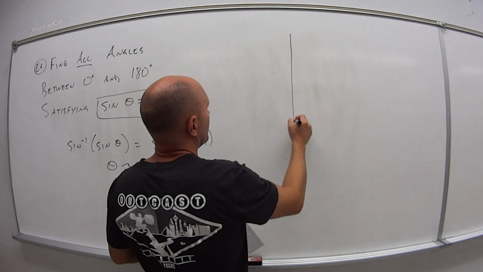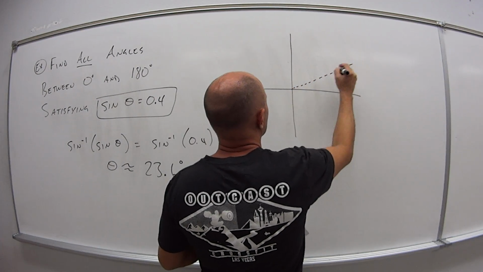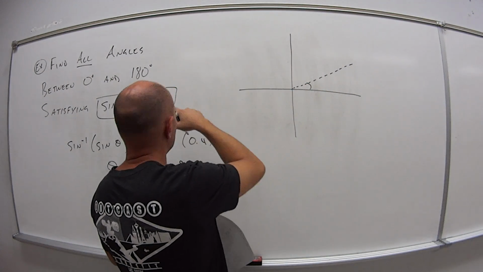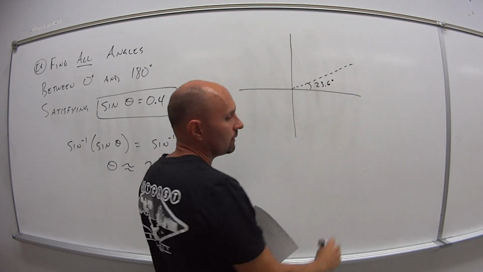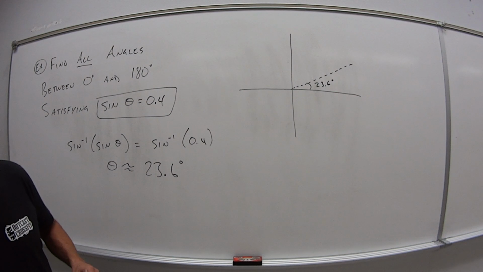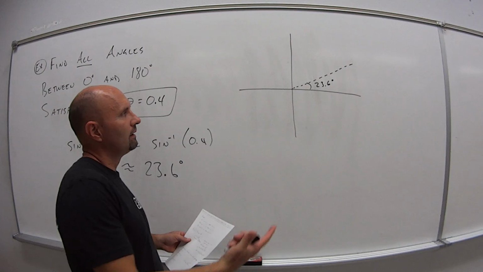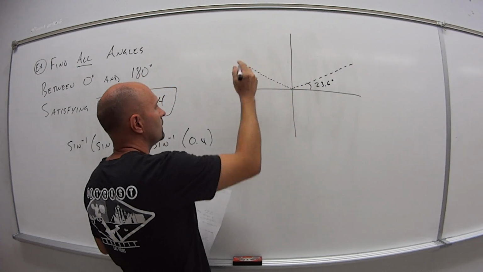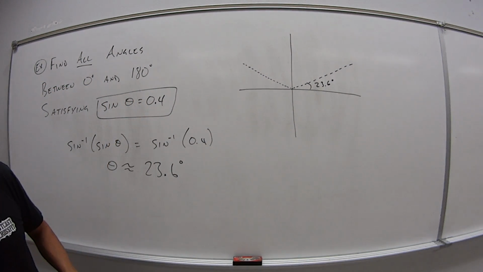That tells us that if we have our xy coordinate system here, the angle in here when sine of theta is 0.4 is roughly 23.6 degrees. But if we think back to our reference angles, it also means what? It means that the angle over here would also satisfy sine is equal to 0.4.